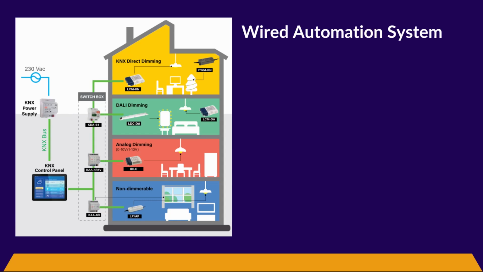They balance the load. All the smart devices on that floor will be linked to the actuator. So an actuator is a smart home device that controls electrical load in a KNX-based system. Like I said, the KNX-based system is the wired solution in a house.